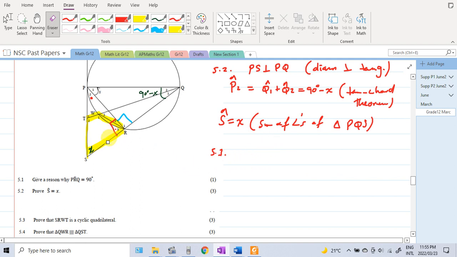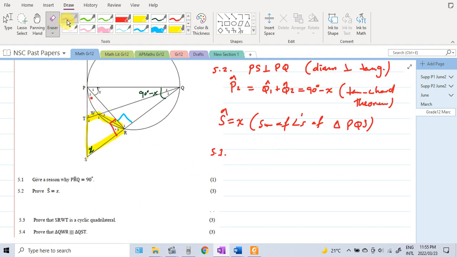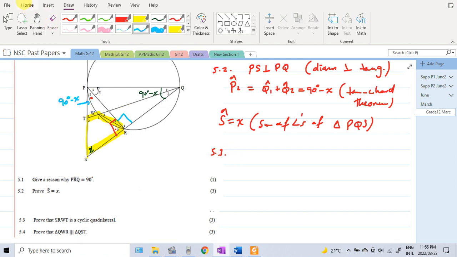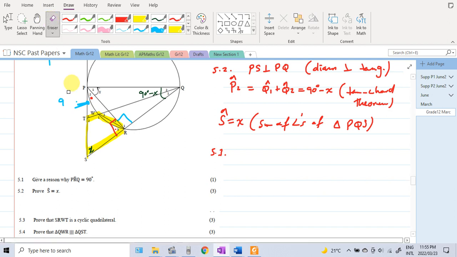So how else can we solve this problem? Prove that SRWT is a cyclic quad. I'm just looking for some clues here, guys. Let's look for some clues. And put that back there. 90 degrees minus x. Oh, why did I take out the previous reason? Let's put the previous reason back in. The reason why we said that, yeah, we did say that that is 90 degrees.